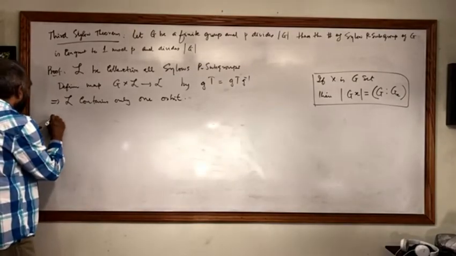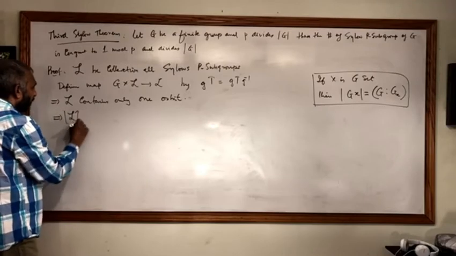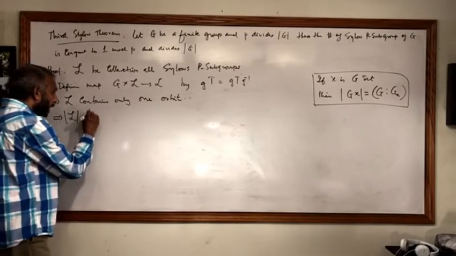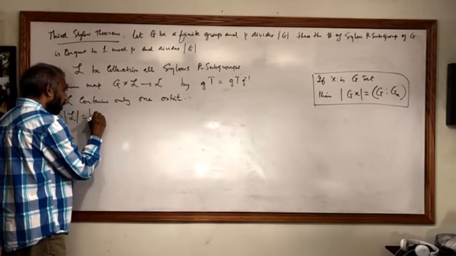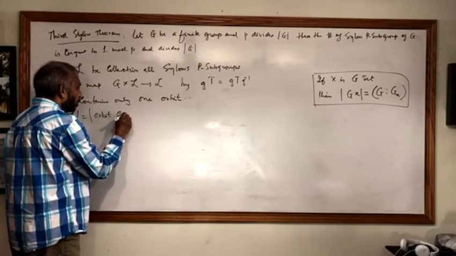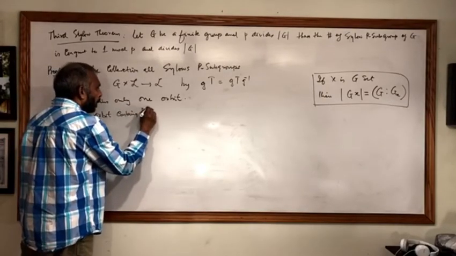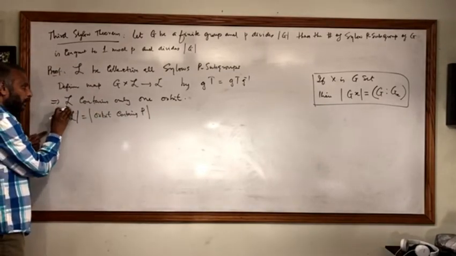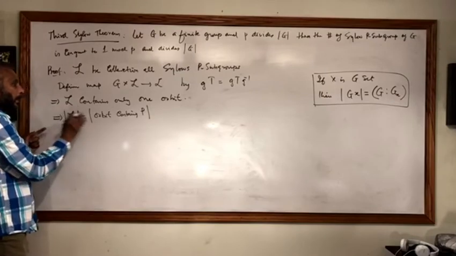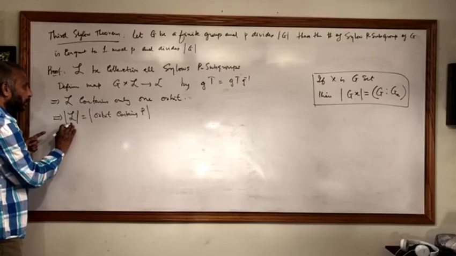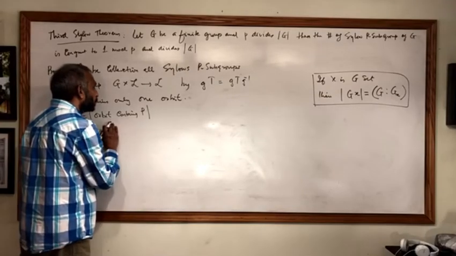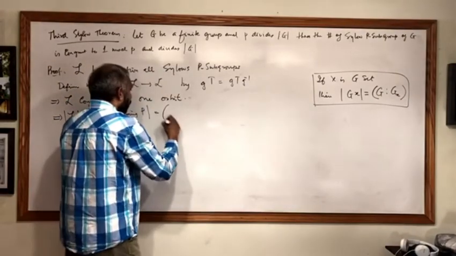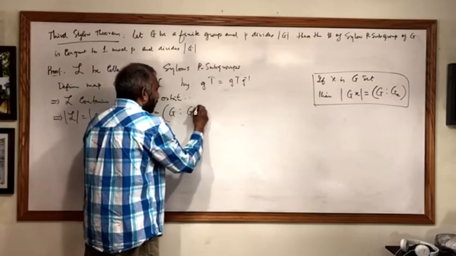Okay, so the size of L is equal to the length of the orbit containing an element. It contains only one orbit, and so the number of elements in here is the number of elements of the orbit containing P. And using that, this will be G over Gp.